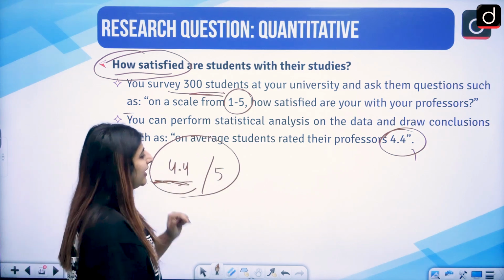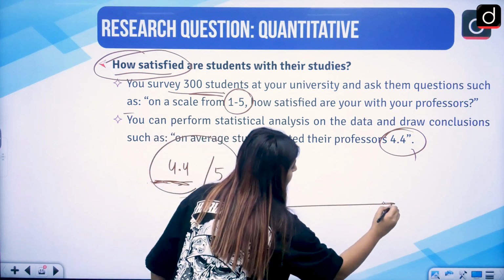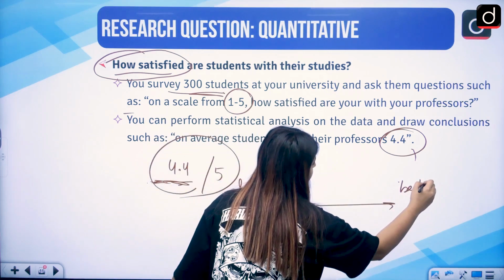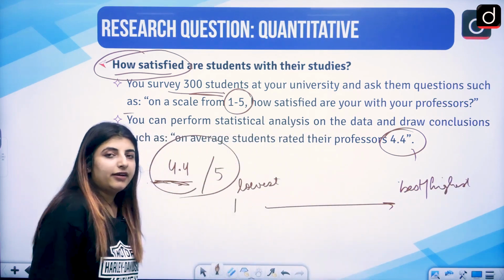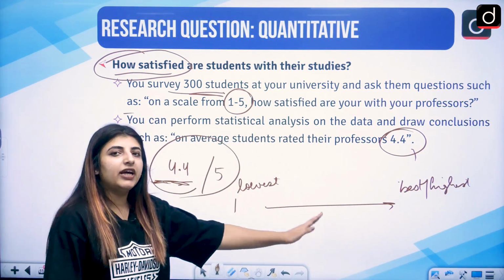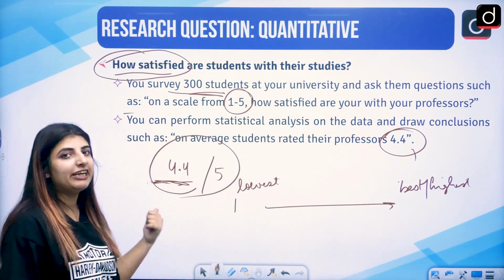Where 1 is most probably the lowest and 5 is the best, the highest. Correct? So from one extreme to the other, it is going to measure their opinion in a quantitative sense.